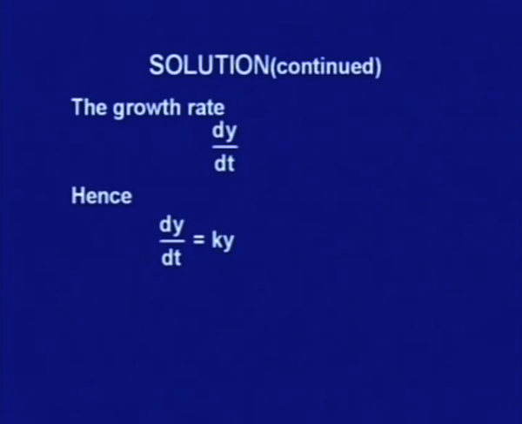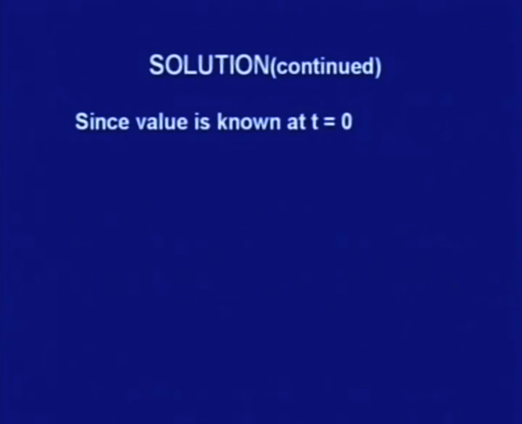We know that this equation has the solution y(t) equal to c times e to the power kt. Now, we are given the initial value that at the start of the experiment, we have y equal to 10,000 cells.